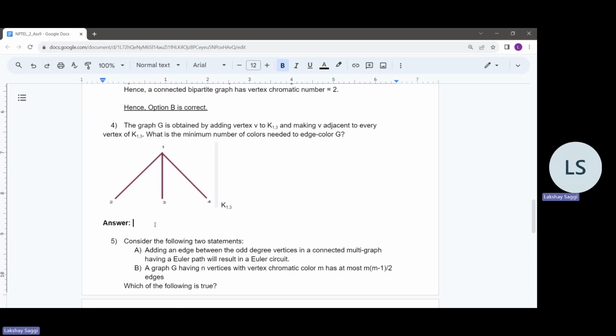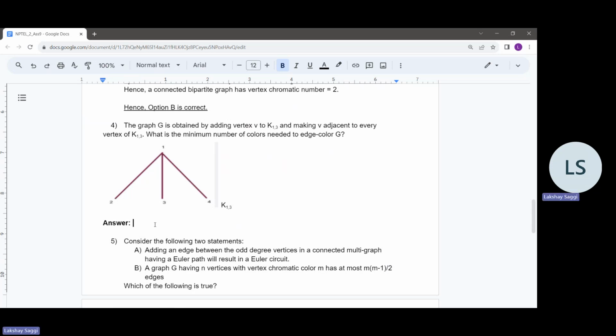Right. So edge coloring, I hope everyone knows, has been discussed in the lectures. Earlier I mentioned vertex coloring: the minimum number of colors needed to color the vertices such that no two adjacent vertices have the same color.